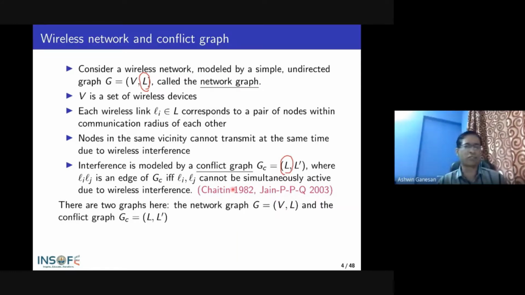Even earlier, the notion of conflict graph was a very general and fundamental idea: anytime you have a competition for resources, you have a graph coloring problem, and the graph that you're coloring is usually called a conflict graph because there's a conflict in terms of allocating resources to the vertices that are adjacent in that graph. So we have two graphs here, a network graph G, whose links are the wireless links, and a conflict graph GC defined in that manner.